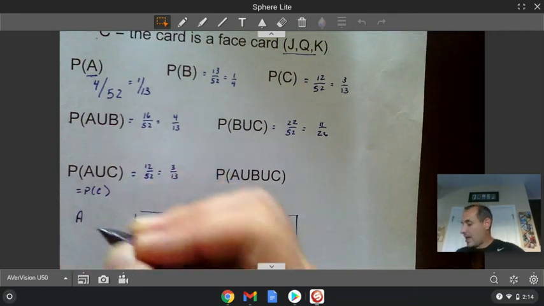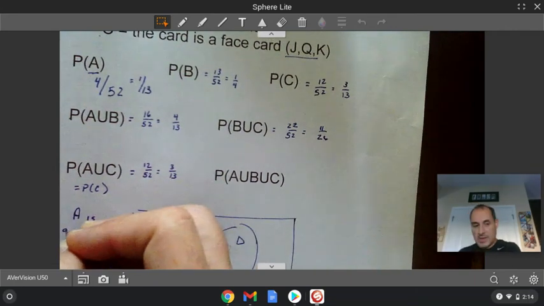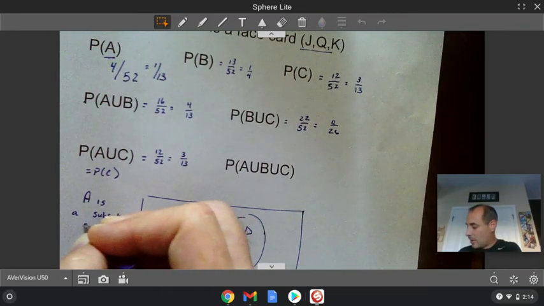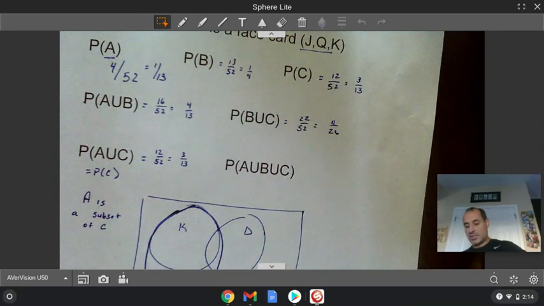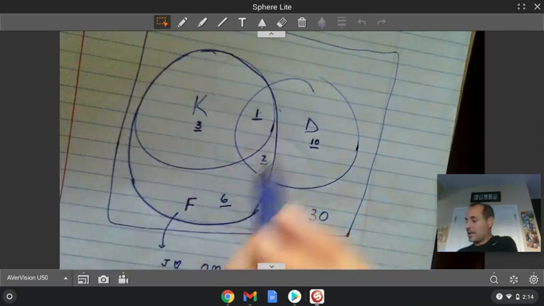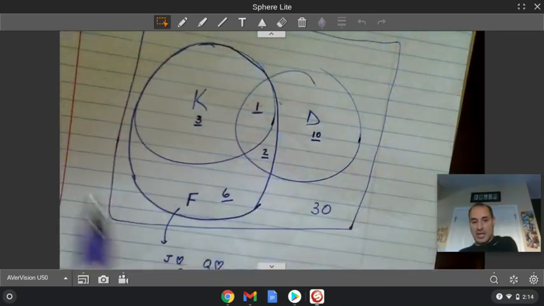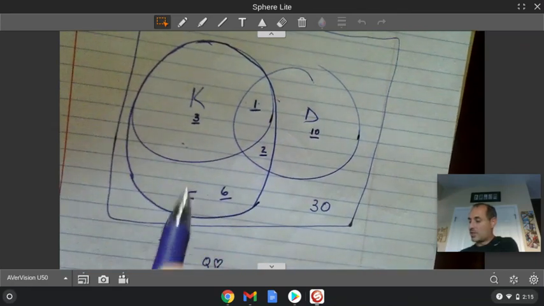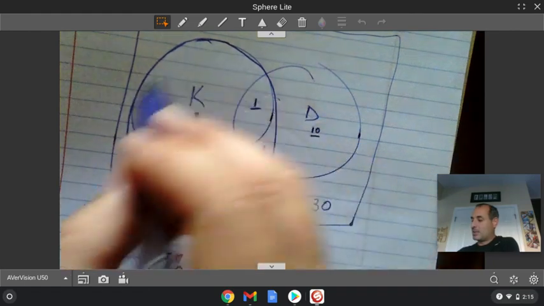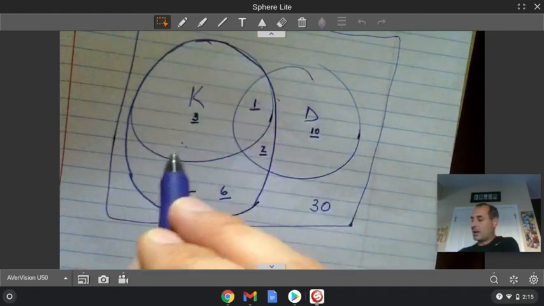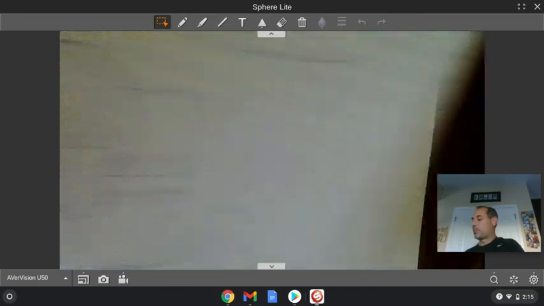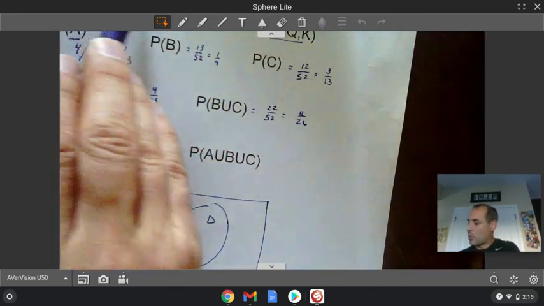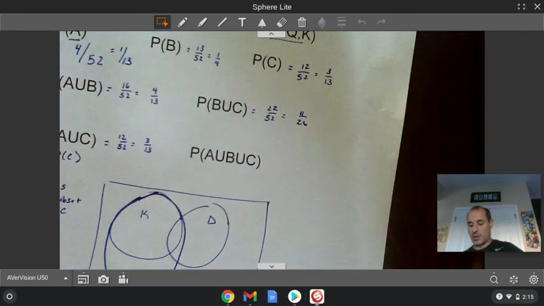That's because A is a subset of C. We already said that. The card being a king is counted inside the card being a face card. King is a subset of face card. King is completely inside face card. Last but certainly not least, king or a diamond or a face card.